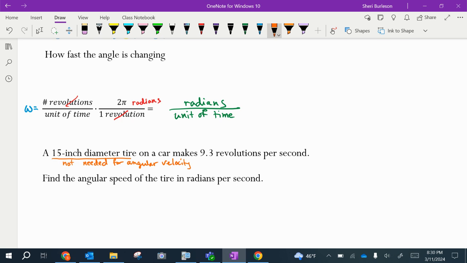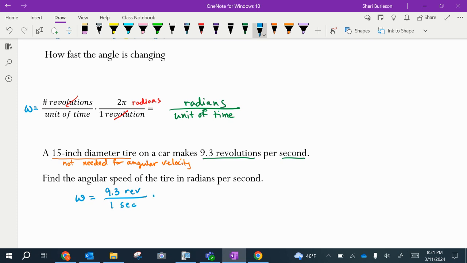We do need to know how many revolutions it's making per unit of time. So I have the number of revolutions per second. If I want to find the angular speed or the angular velocity of the tire in radians per second, then omega is equal to the number of revolutions, 9.3 revolutions per 1 second.